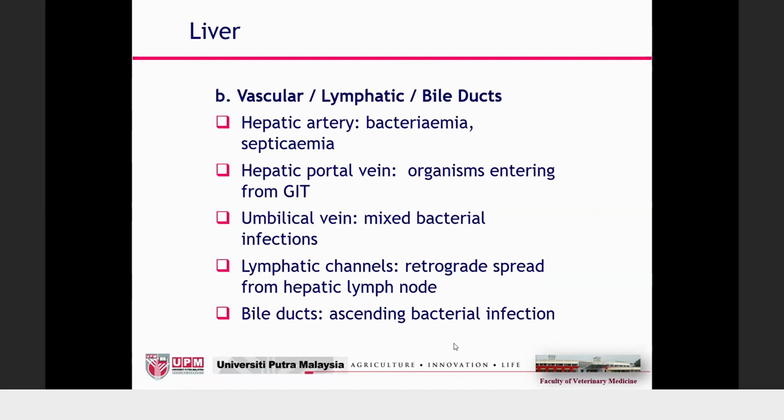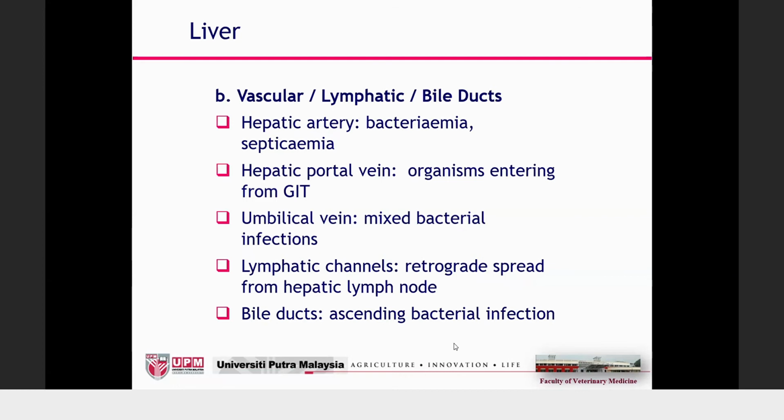The second is more through this route. You look carefully, it can be through vascular, through lymphatic, and also through the bile duct. In the case of the hepatic artery, if the animal is in a condition of bacteremia or septicemia, bacteremia means presence of bacteria in the blood, septicemia means presence of bacteria or even viruses and toxin in the blood.